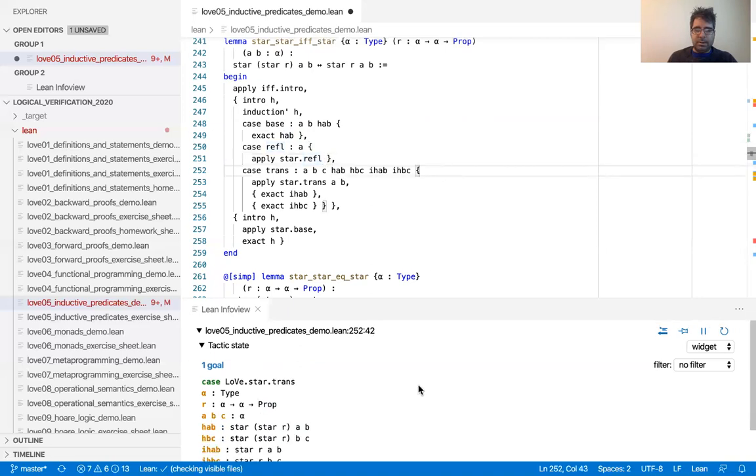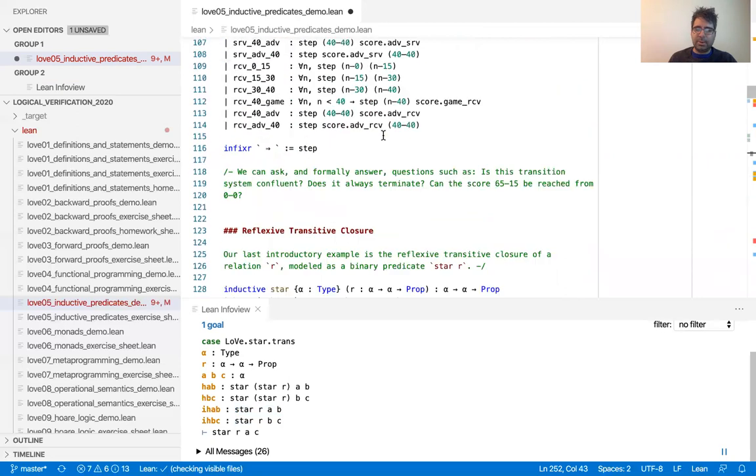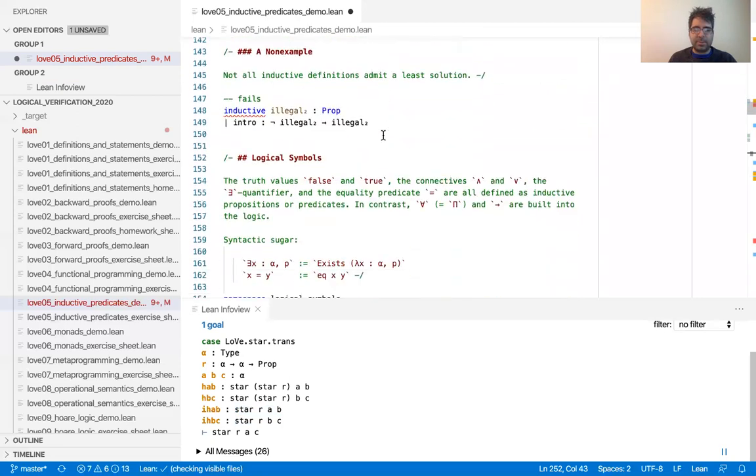And then in the last case, we have some induction hypotheses that help us, right? Because the transitive closure is based on two cases. And they're induction hypotheses because if we look at the definition again, sorry, close your eyes if this is bothering you.